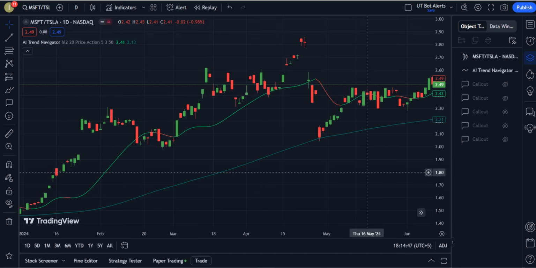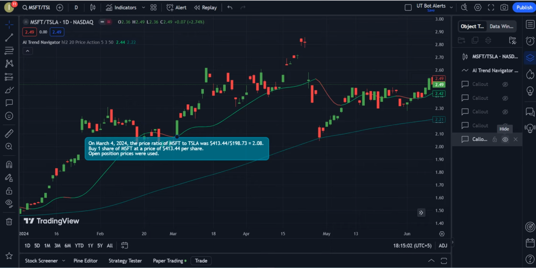So that was a 9% increase in additional Microsoft stock obtained within a period of 2.5 months by trading based on the price ratio of this pair of stocks. So let's begin. I will explain in detail how this works.